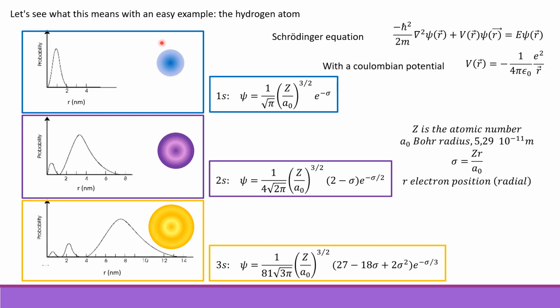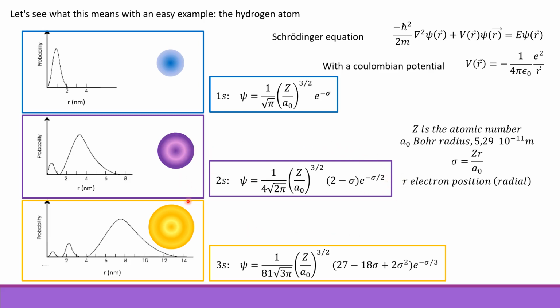For the 1s, we have only one maximum, the maximum probability to find the electron in this s orbital. If we go to 2s, then we have 2 regions, 2 maxima, in which the probability to find the electron is maximum, corresponding to this orbital here and this orbital here.